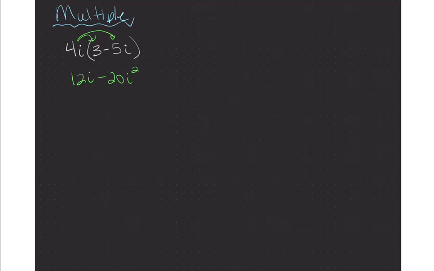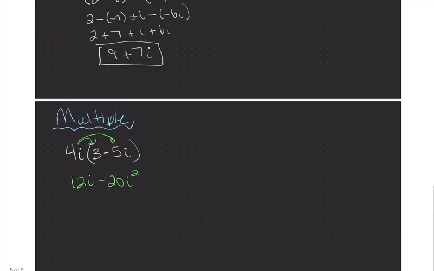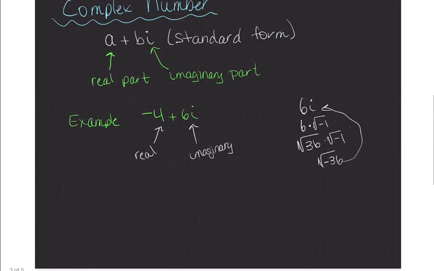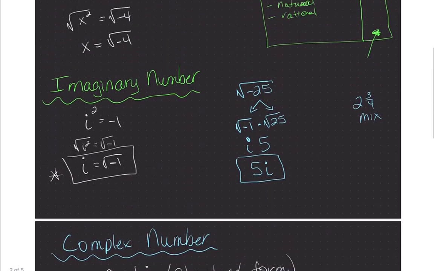No laughing. All right. So now that we're at 12i minus 20i squared, I'm like, wow, that looks a little different than the last. But I think I remember something. If I go back up to my notes, there was something about an i squared. Where was that?